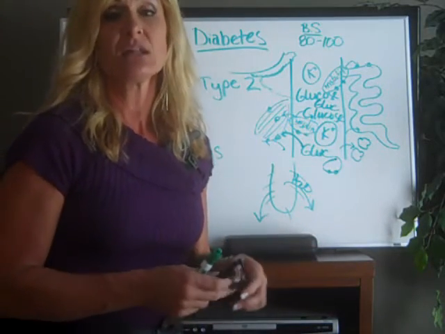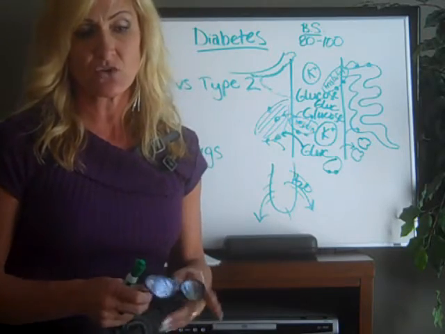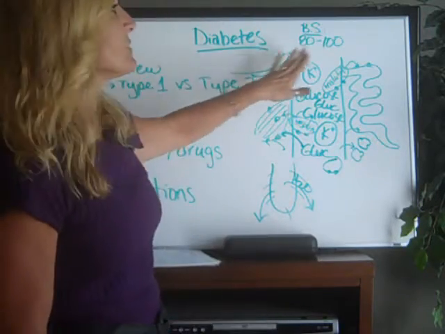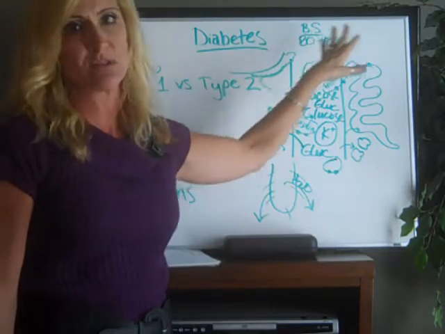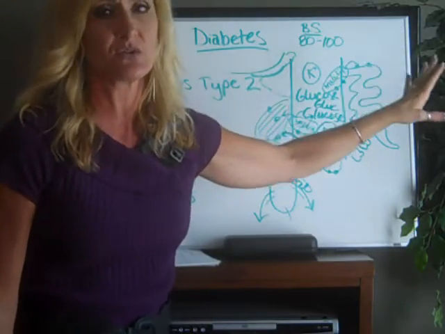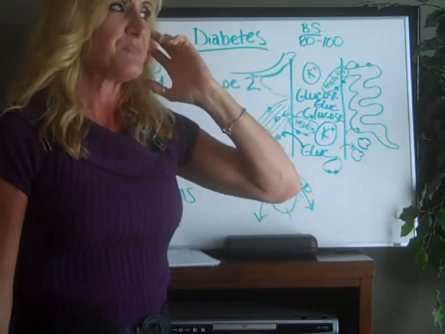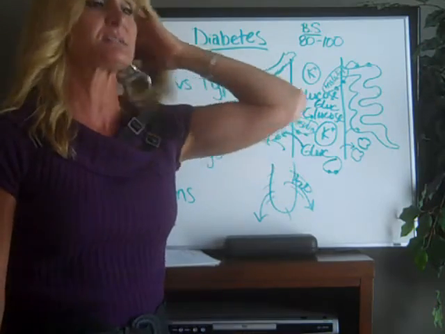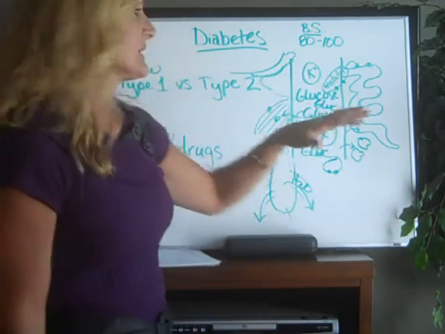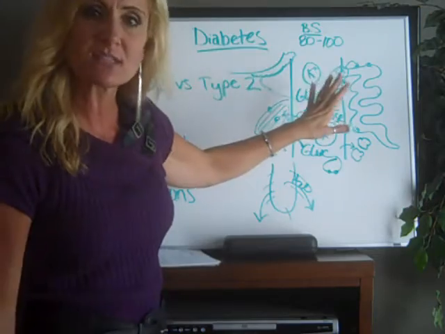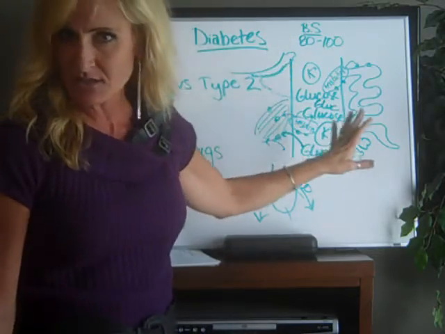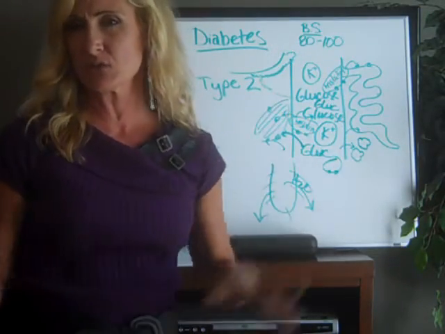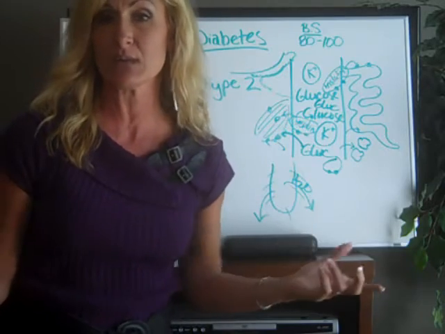There's another condition called prediabetes, and that's somebody who comes in and they're kind of toying with these blood sugar levels, like between 100 and 120. It's just somebody that you watch, because they could be developing insulin resistance or reduction in insulin production. So you watch that person, and we call it prediabetes.